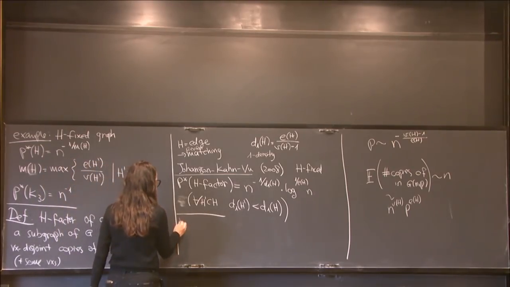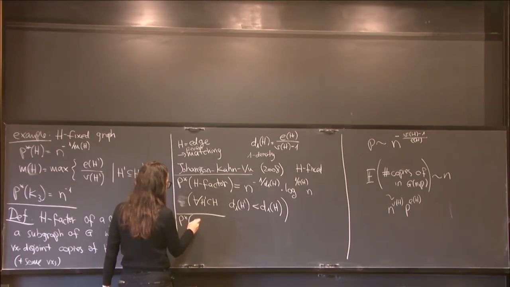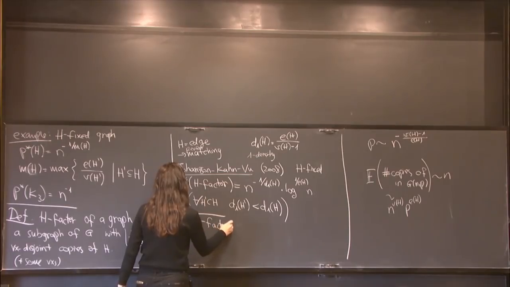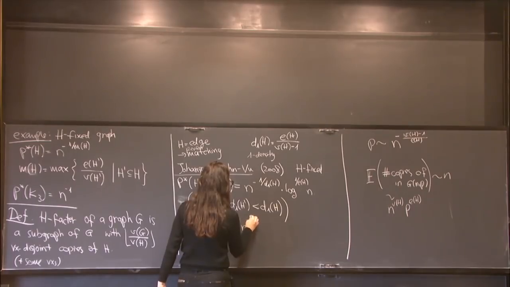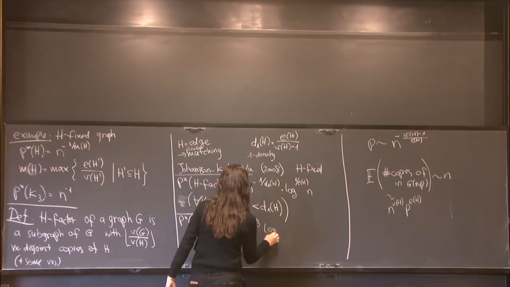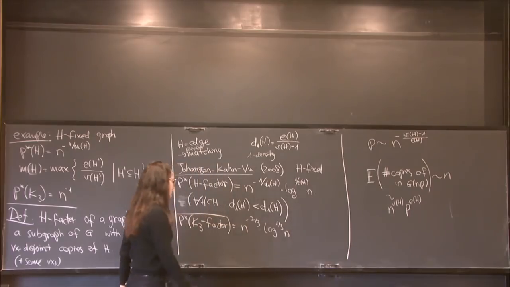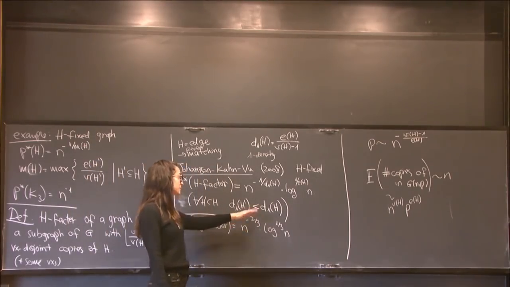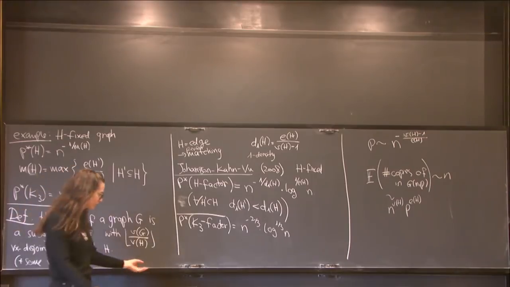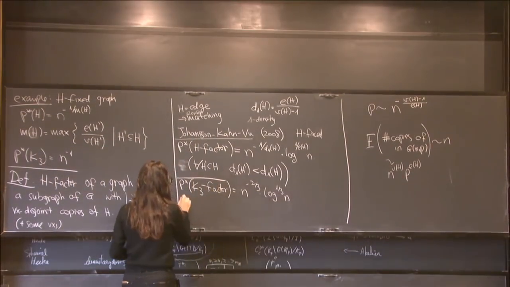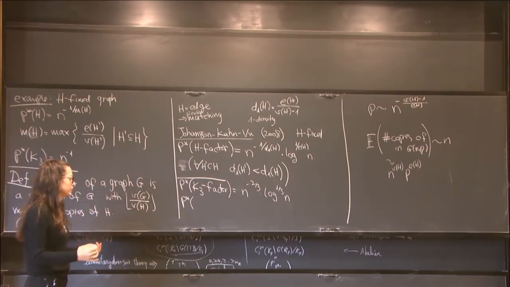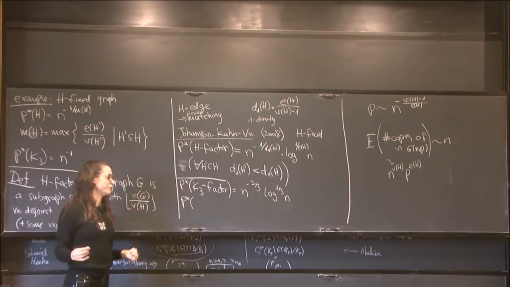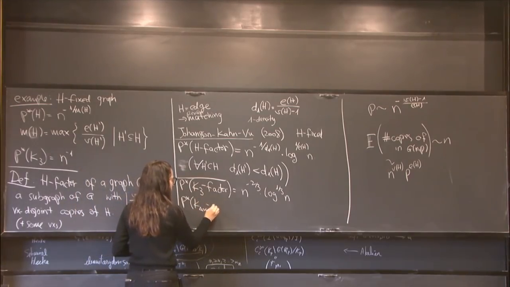Okay, let's see some examples that I will also use later. What is the probability threshold for a triangle factor, a K3 factor? We just have n to the minus 2/3 times log to the 1/3 of n. We have 3 edges, 3 vertices, and this is what we have. Another example that I will use later: instead of a triangle factor, a complete graph factor, a K_{delta plus 1} factor.